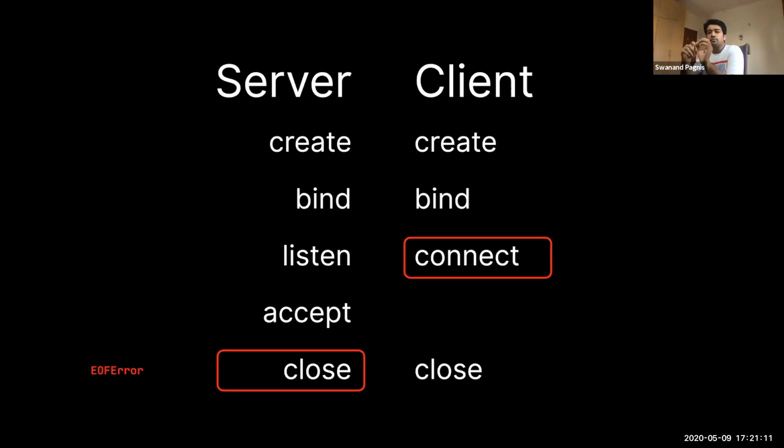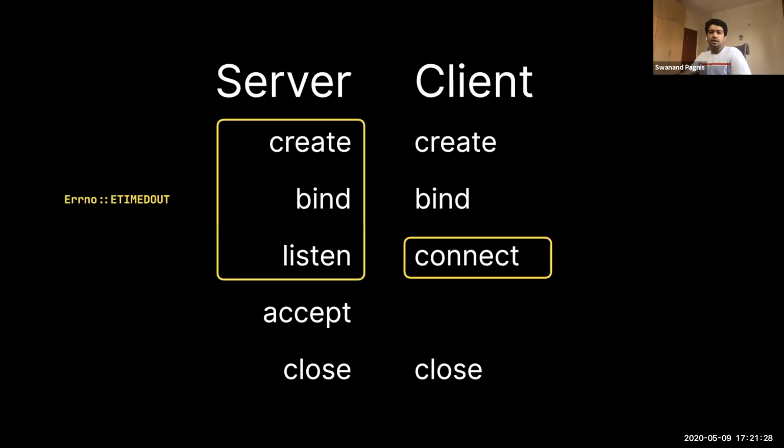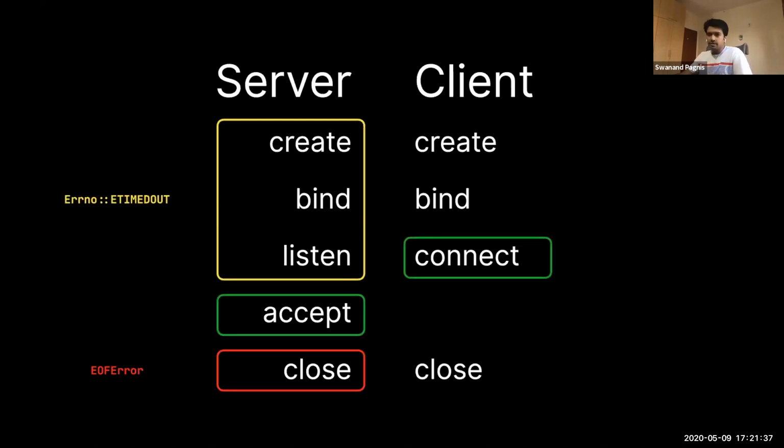When the server or client closes a connection, an EOF event is passed on to either end of the socket, and that is how the server knows to stop reading that message. More on this will come a little bit later, but this is the idea. If you connect when the server is in these three states, you get timed out, and here you get end of file errors. Putting them all together, the green zone is where the data exchange happens.